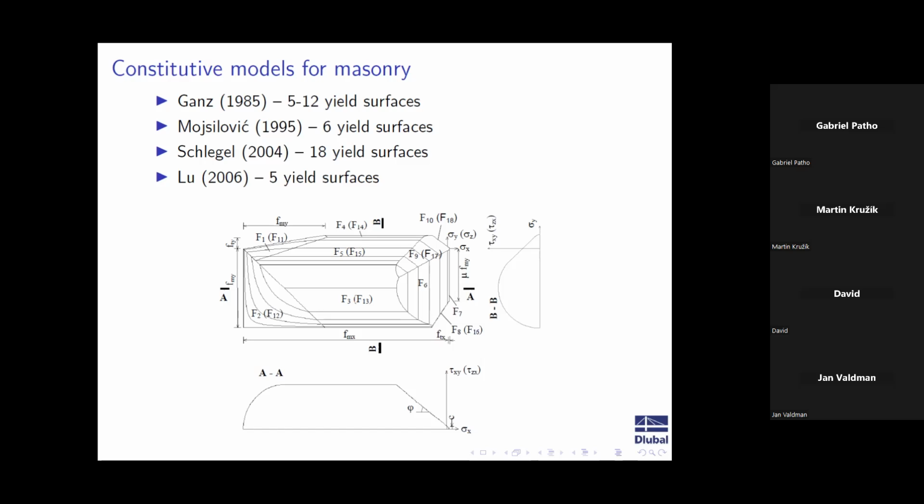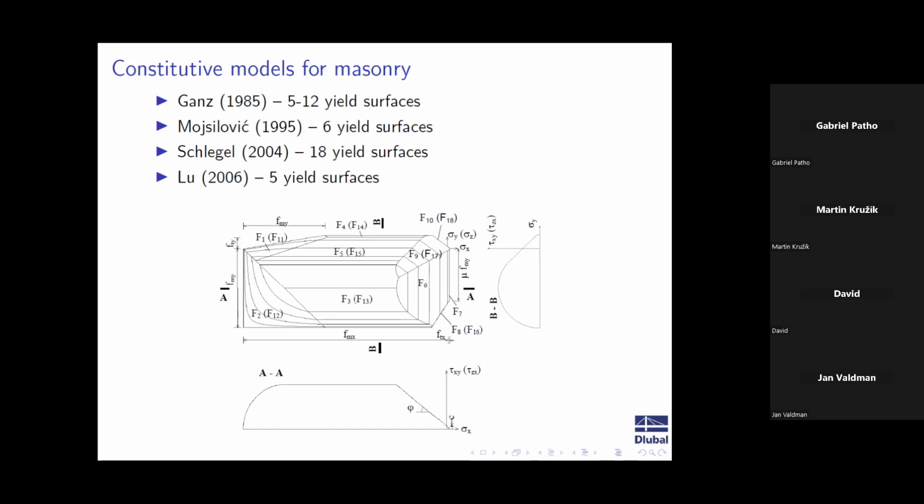So if you recall my previous slide with the big structure, this is apparently not going to work. If you need to calculate big structures, I think with these models it will take shorter time to build your structure than to make the models.